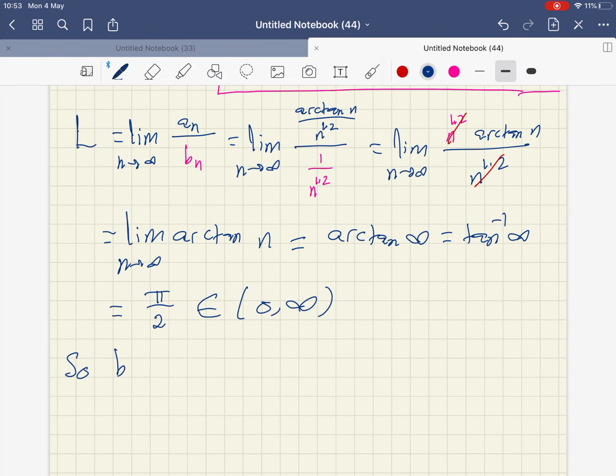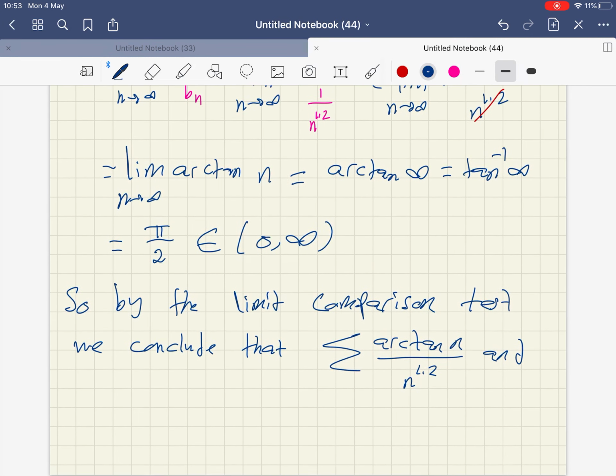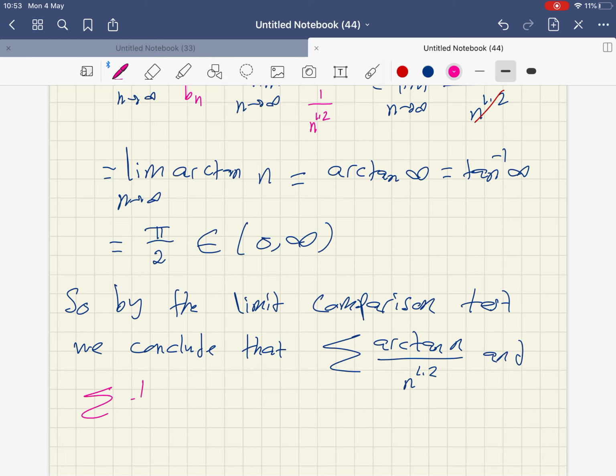So by the limit comparison test, we conclude that my series in the question and the series Pn have the same behavior. So both converge.